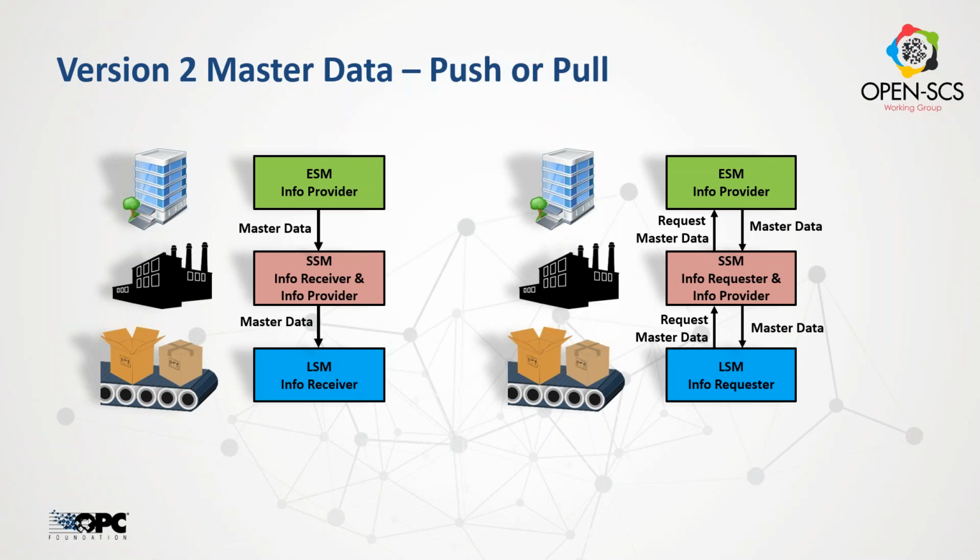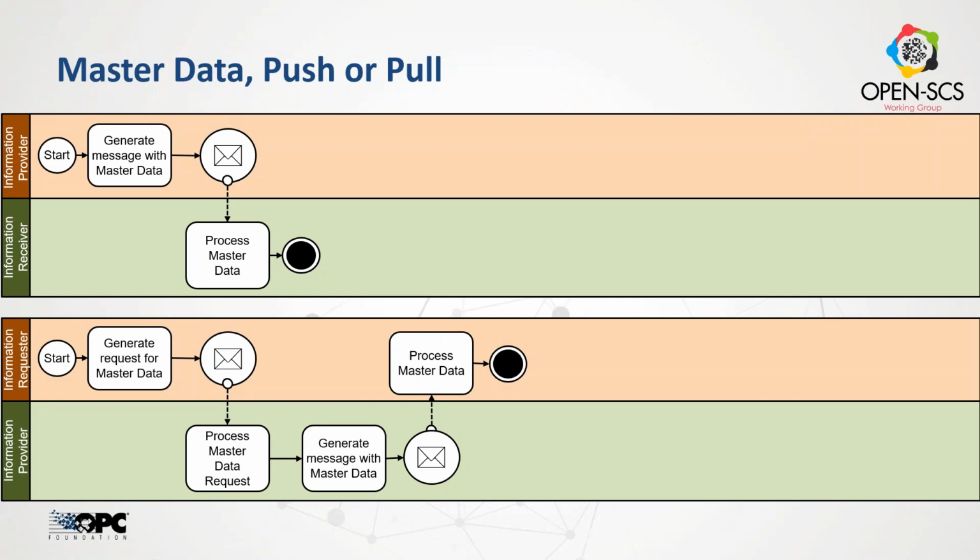And the ISA 95 model already has a set of definitions of master data and how to represent it. And the OPC UA Foundation already has a companion specification that talks about how ISA 95 can be applied in OPC UA. So we're not going to have to recreate something. We can simply reference existing documents that have already been out there for a couple of years, so we already know that they are going to work.